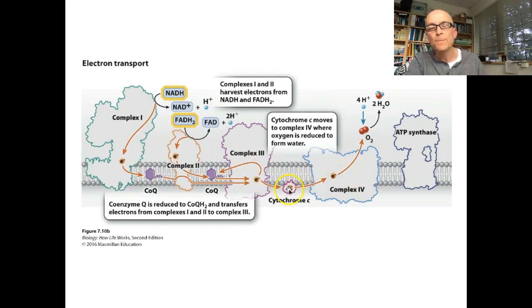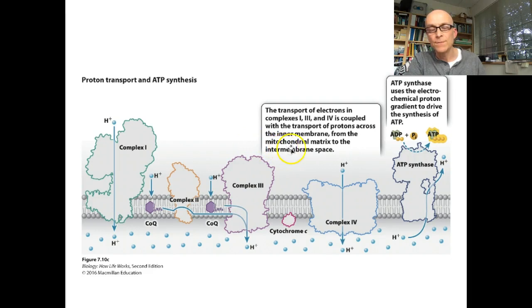Redox reaction, it's reducing complex 4, giving off the electron, and then in the end you have the formation of water. So the transport of electrons in complexes 1, 3, and 4 is coupled with the transport of protons across the inner membrane from the mitochondrial matrix to the intermembrane space. I told you that already previously. So that's the pumping that's discussed here. And then we spoke about this.